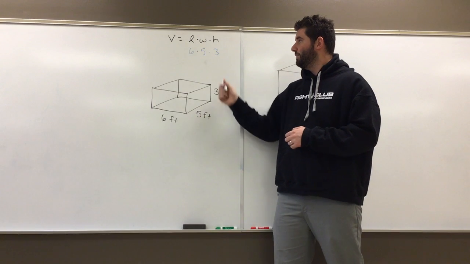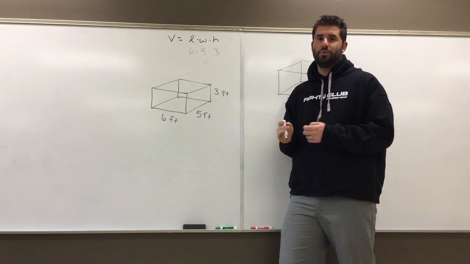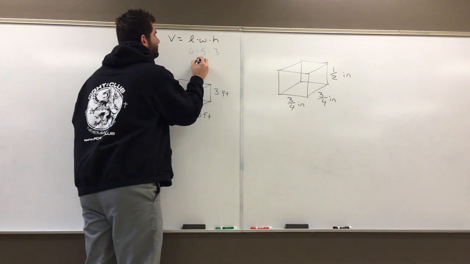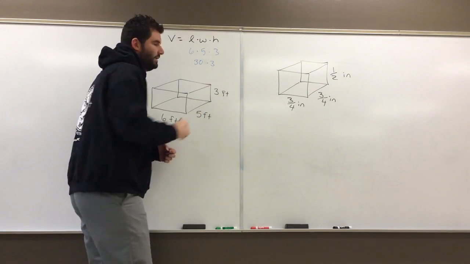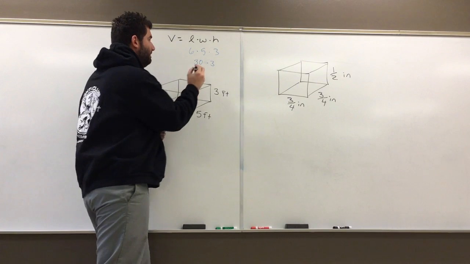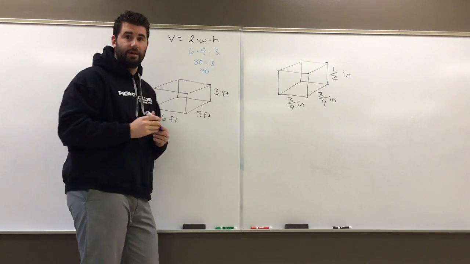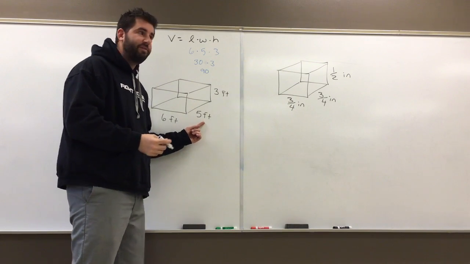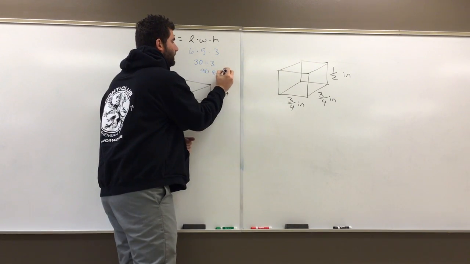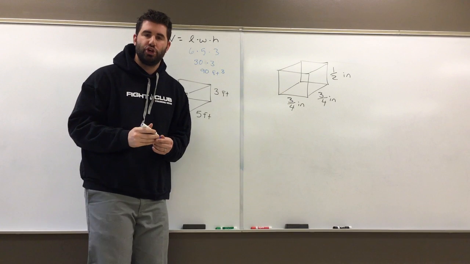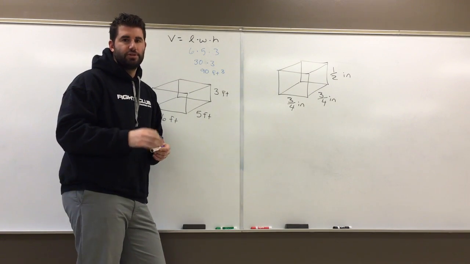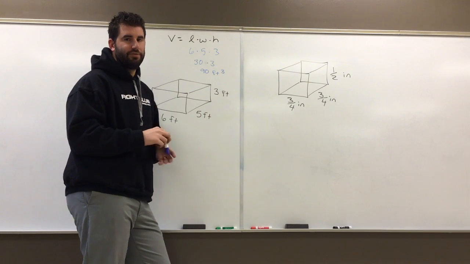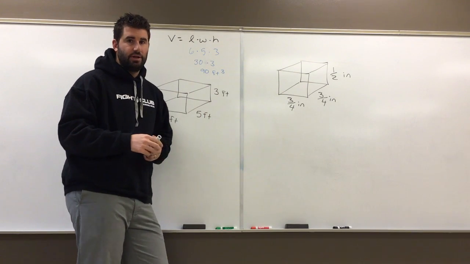So I take these three numbers, I plug them in, and let's do our math. 6 times 5 is 30. And 30 times 3, 90. That's it. This label would be feet, and we would say cubed, cubic feet, because you're multiplying three things, so it's to the third power. Cubic feet, or feet cubed, would be our answer.